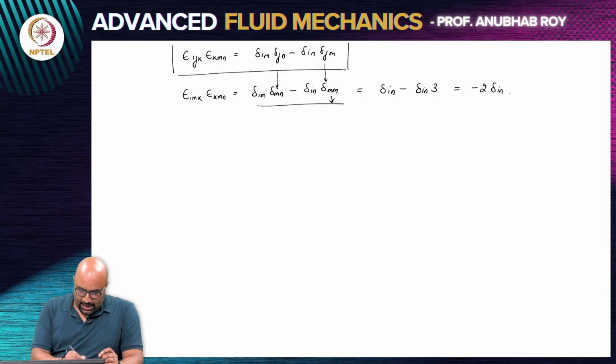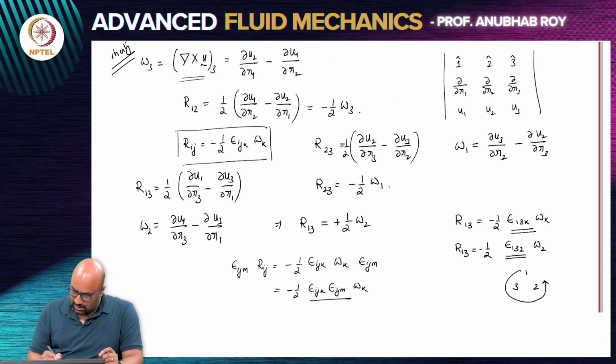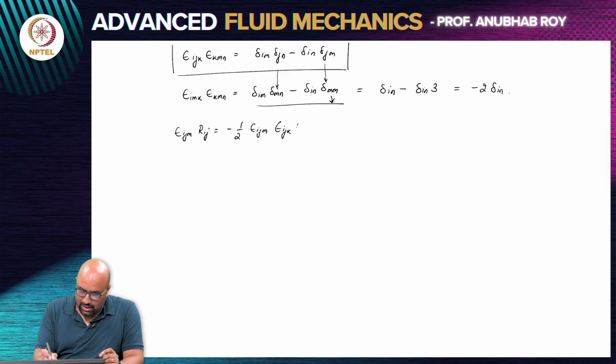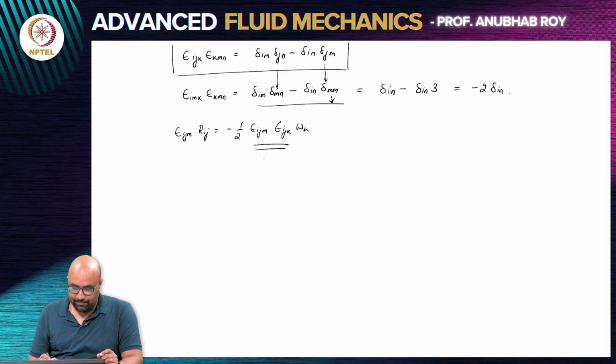So, the relation that I had here, which was written as epsilon ijm rij, is minus half epsilon ijm epsilon ijk omega k. Now, you can try to use what you have here. You have to just keep track of what is free and what is repeated.